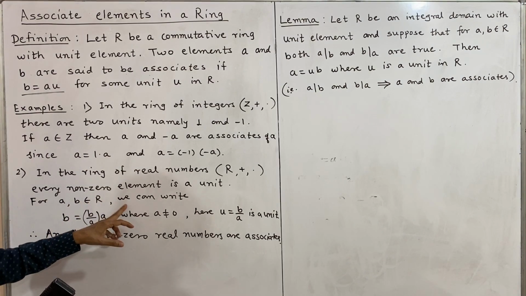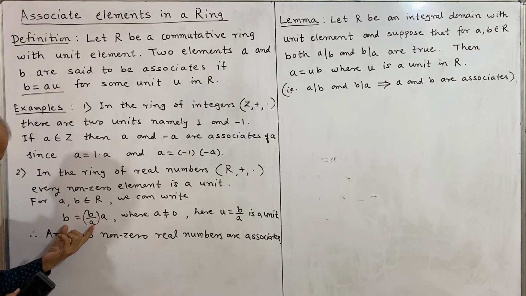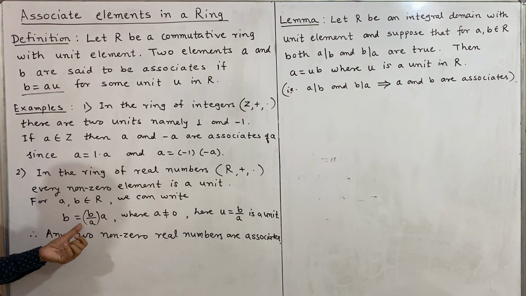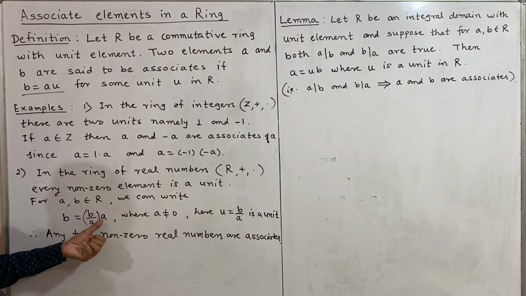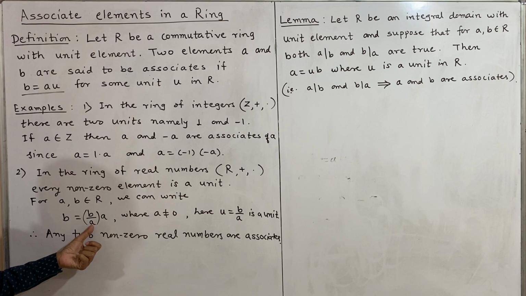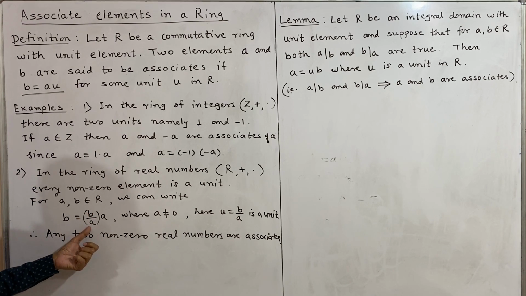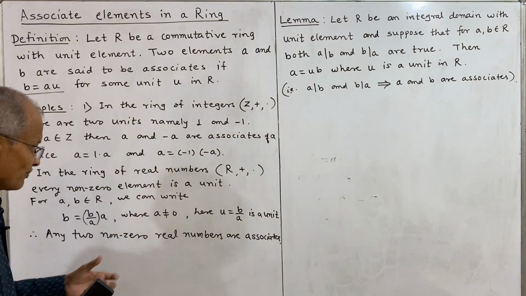And for A, B belonging to R, we can write B as B upon A into A, where A is not equal to 0, because we have written the ratio as B upon A, or division, and therefore A must not be 0.